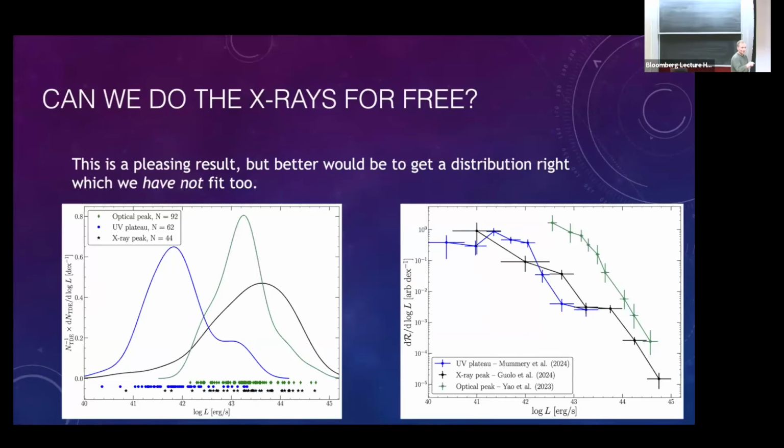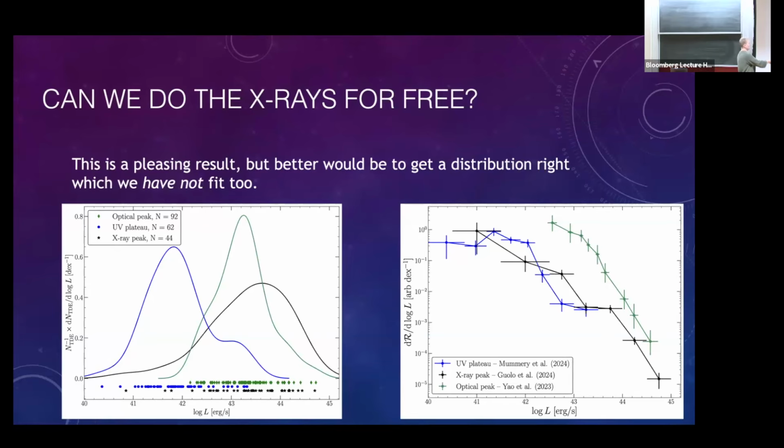To convince you that we're doing something sensible, I will show you that you get the X-ray distribution for free. So you fit to the late time UV distribution, which is this blue distribution, and then you get this X-ray peak distribution for free. This is because the disks I see at late time in the UV are producing my early time X-ray, if you remember the light curve.